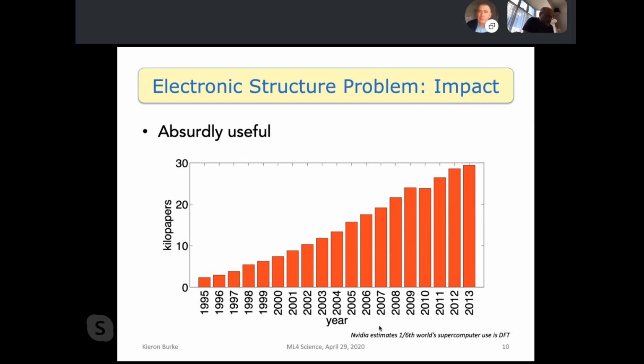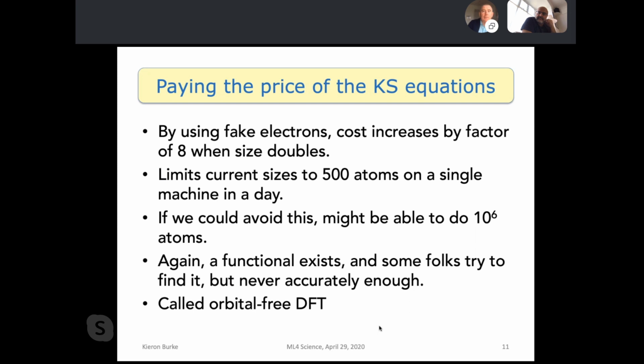Their great value is that they are much more efficient, so you can do systems roughly 10 times larger than you can do with regular quantum chemistry. Okay, but one aspect of that is solving the Kohn-Sham equations.